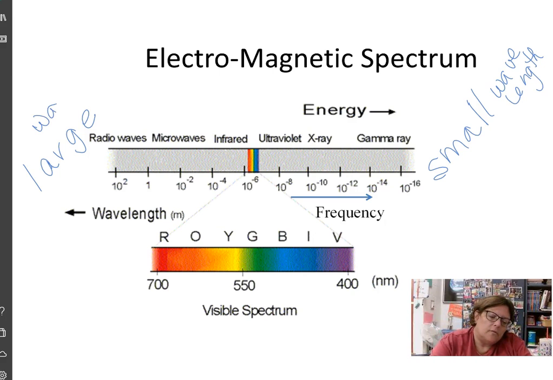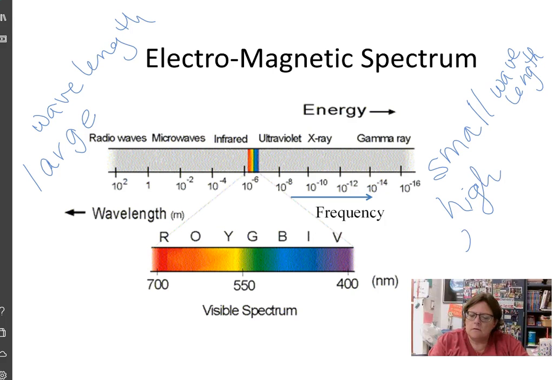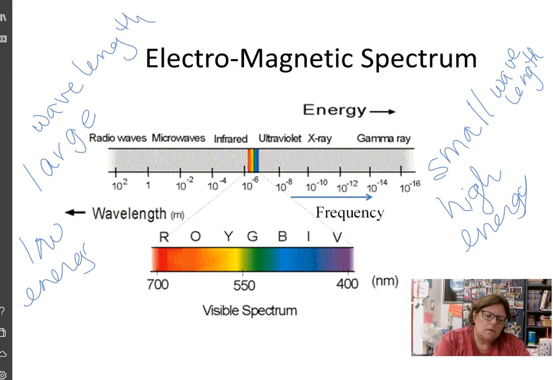And we know that this end is high energy. So, as your wavelength gets smaller, you get more energetic. So you've got long wavelengths, and as they get smaller, they get more energetic.